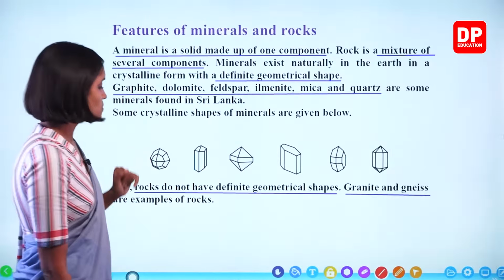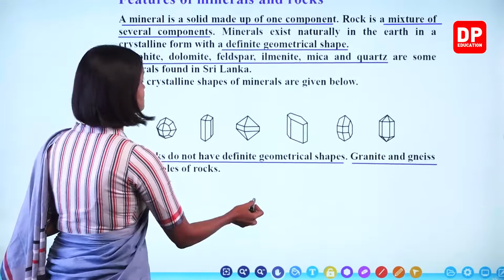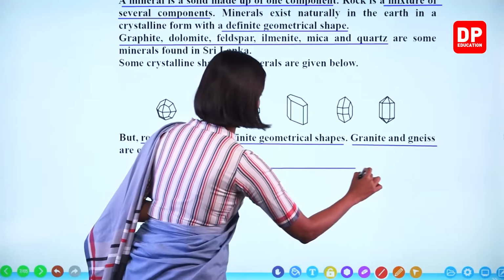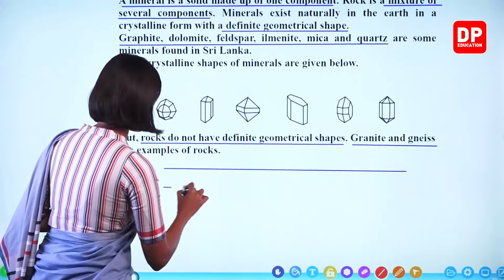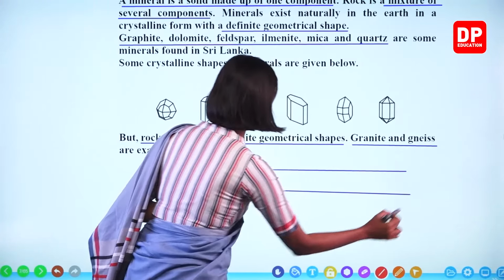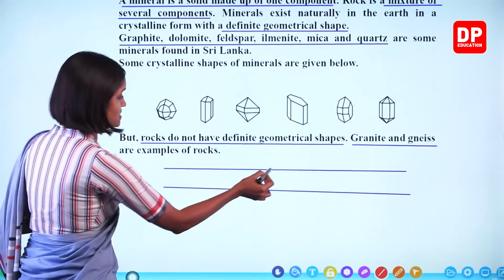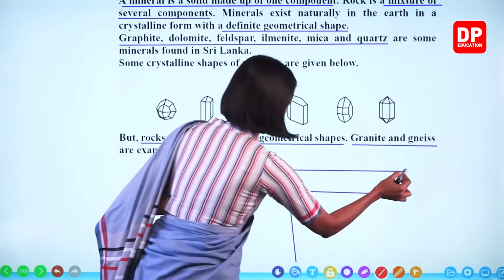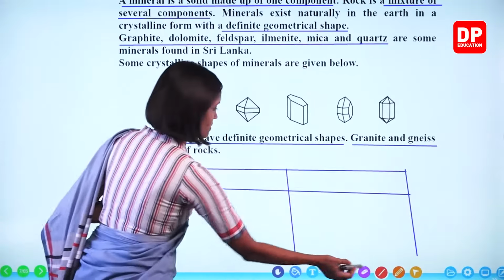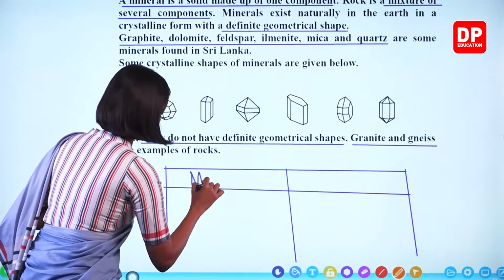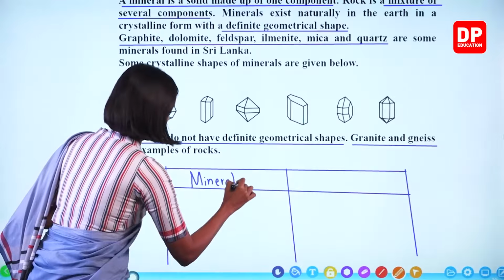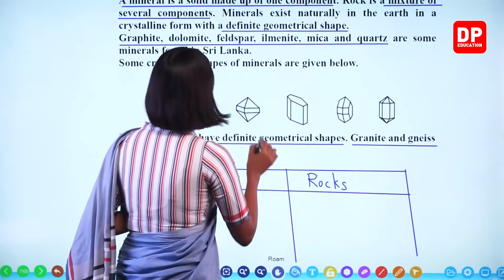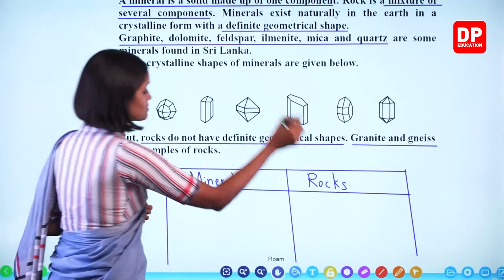Okay, children? So, we will include them in a table as well, right? The same thing that we learn, we can include in a table like this. Okay, so when it is in a table, you can easily memorize these differences. So here I will write minerals, rocks. Okay. So I will take the first one. Mineral is a solid made up of one component.